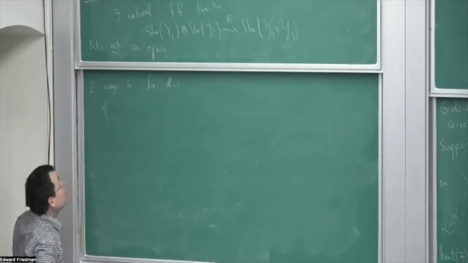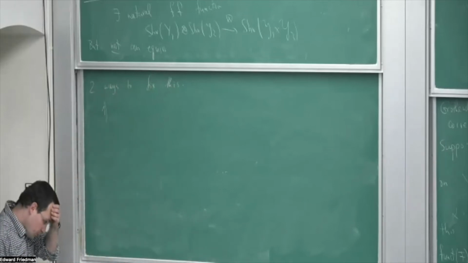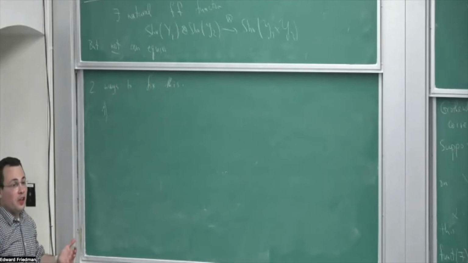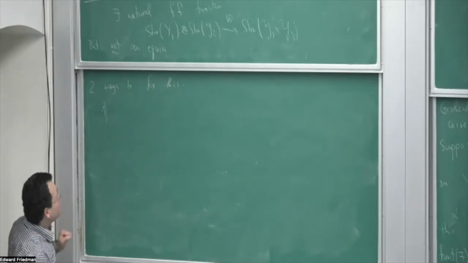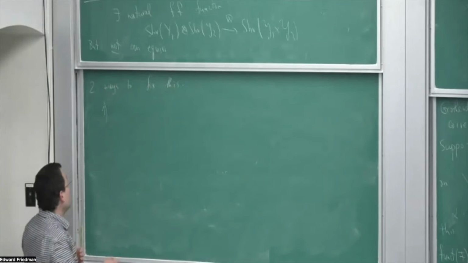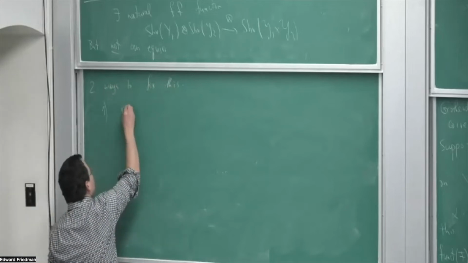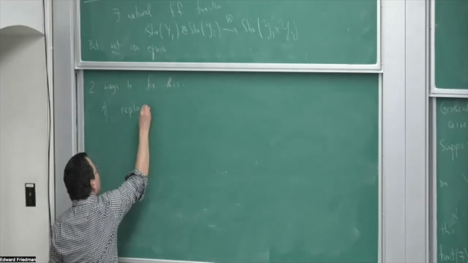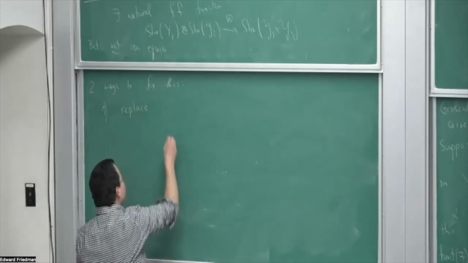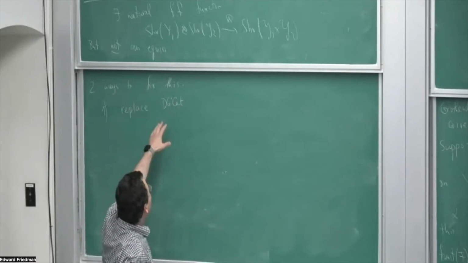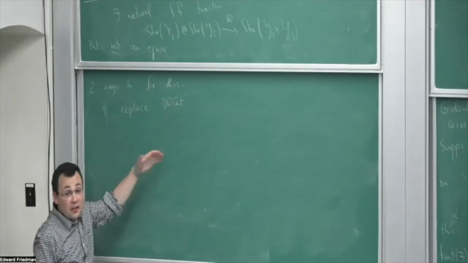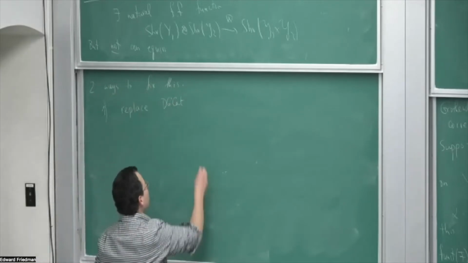So one is kind of more formal and a little bit weird, but it will play an important role at the end of this talk. It's a kind of formal construction. Sheaves is an object of this category, a two-category.